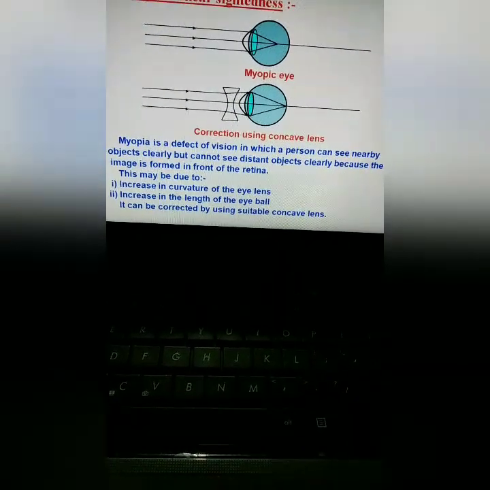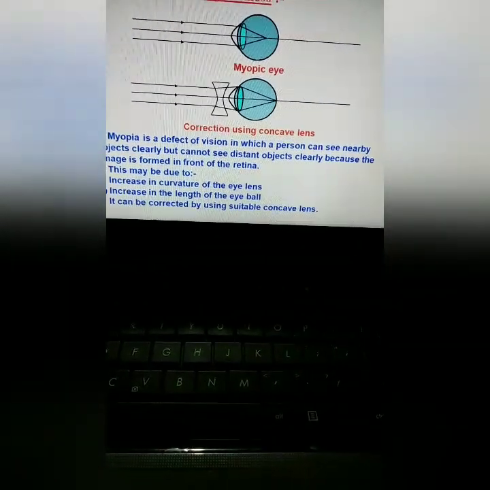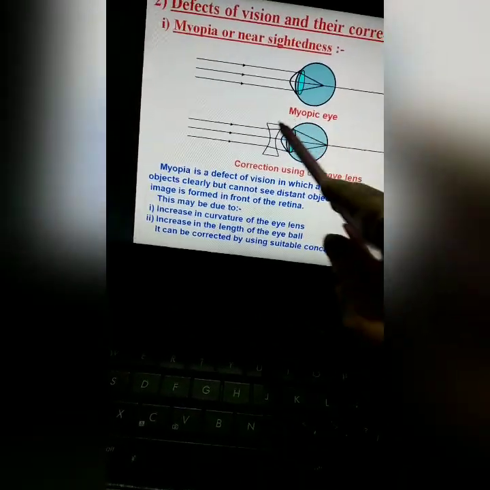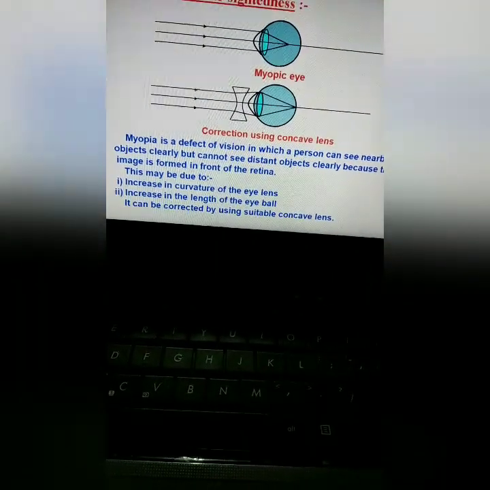The cause of the defect is the increase in curvature of the eye lens, means the focal length is small, or the increase in the length of the eyeball, means the distance between the retina and the eye lens increases. So to rectify that, we have to use a concave lens. After some time I will tell why you use the concave lens to rectify it.